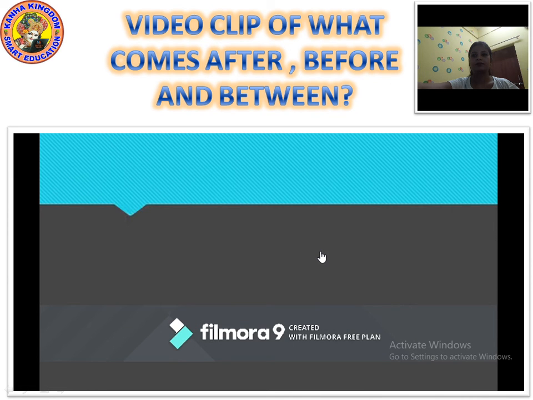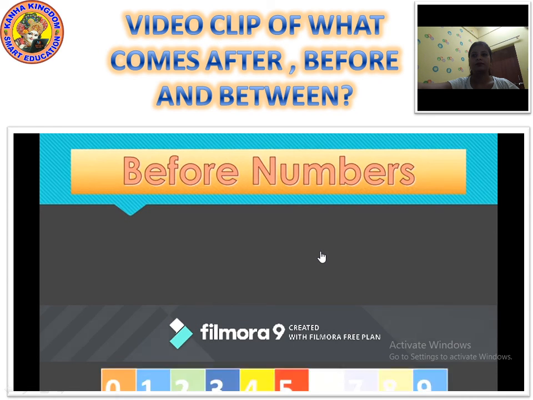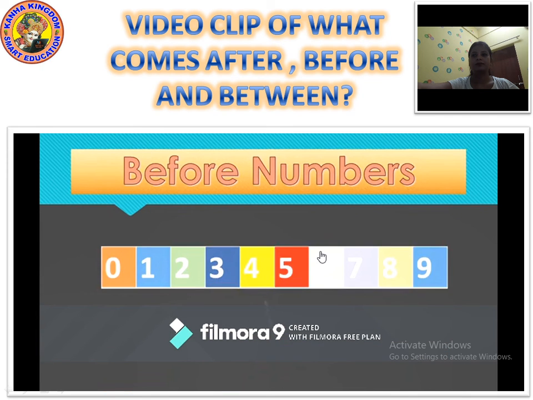Now we will learn about before numbers. When we count the numbers in backward direction, then we get the before number. For example, which number comes before 9? Yes, 8. Which number comes before 8? Yes, 7. Before 7?